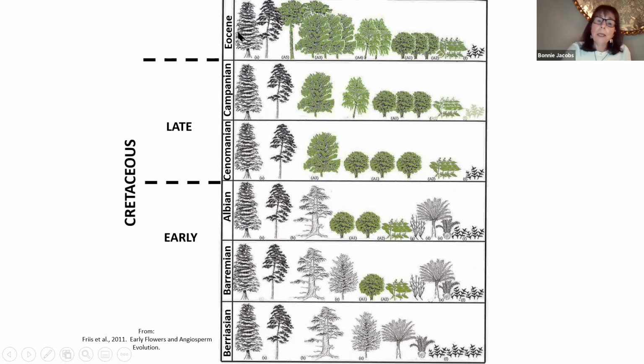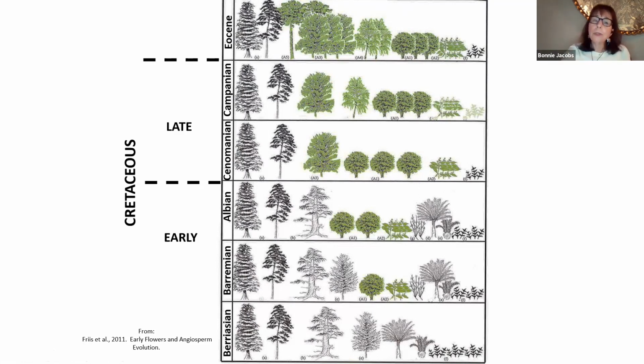When you get to the early part of the Cenozoic, especially the Eocene, so this is not the very earliest, but this would be about 15 million years after the very earliest, you get to the Eocene and your diversity really goes way high. And you begin to get a world that's much more similar to the world that we live in now.